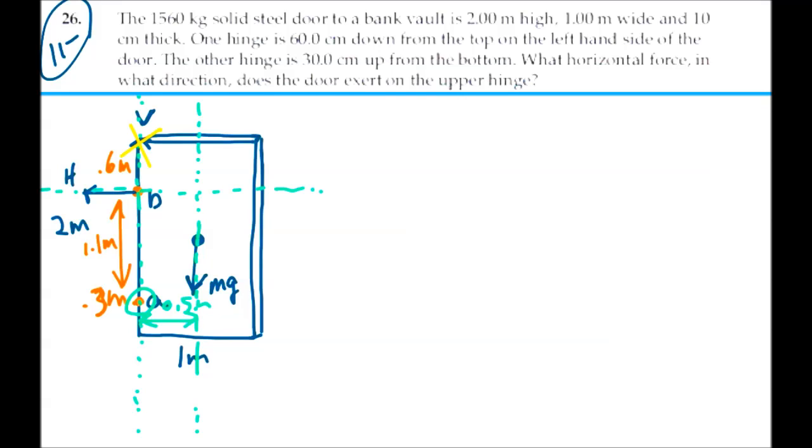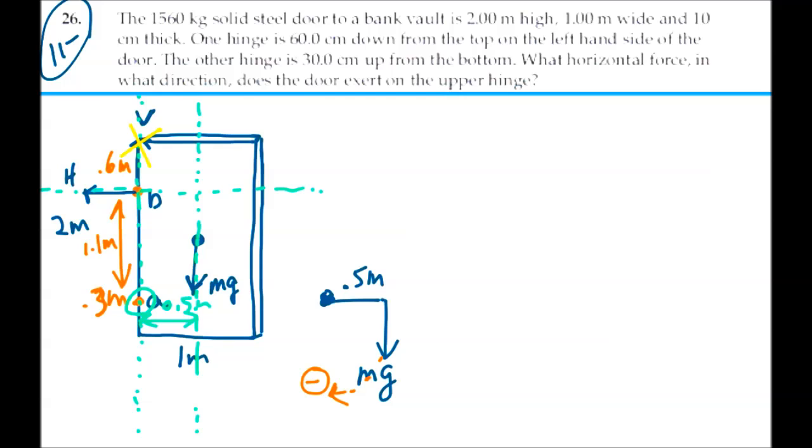Let's redraw this in terms of a torque diagram. So here's my point A, and 0.5 meters away I've got the gravity force. Even though gravity is acting at the center of mass, we want the shortest distance to its line of action, which is 0.5 meters. And that torque is trying to make this go in a clockwise sense, which would be a negative torque.